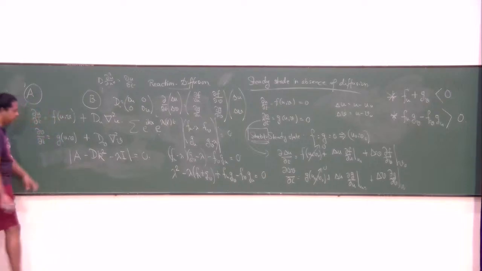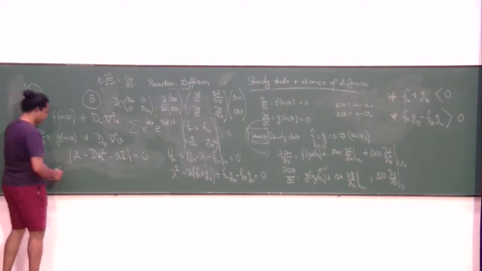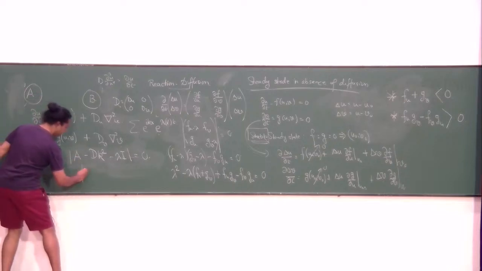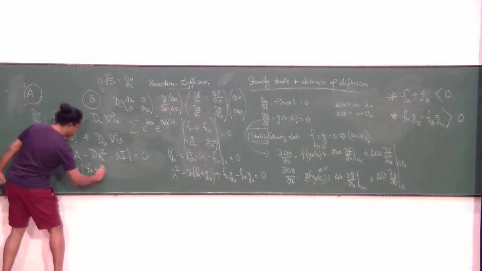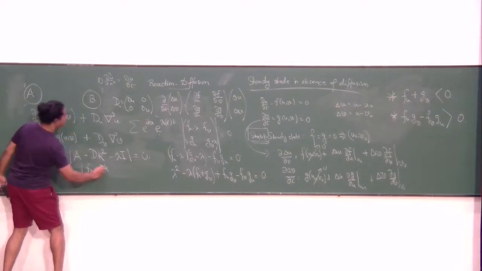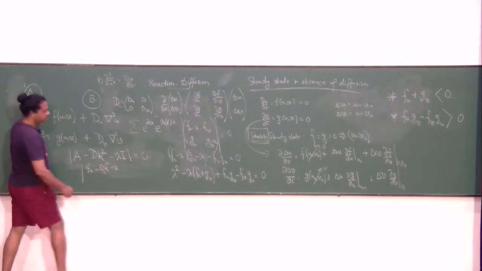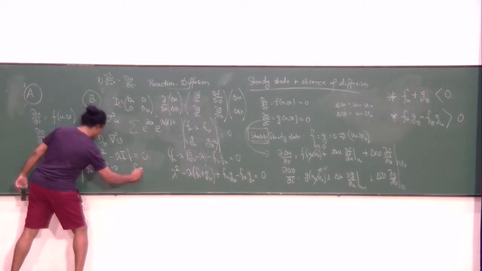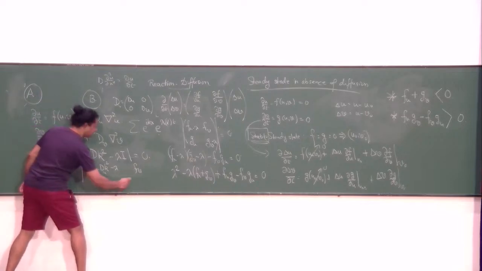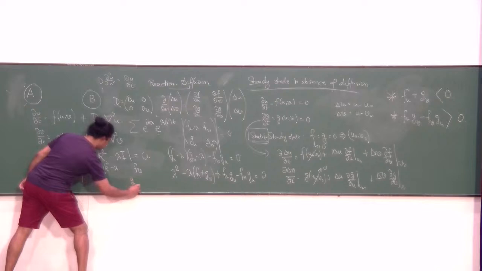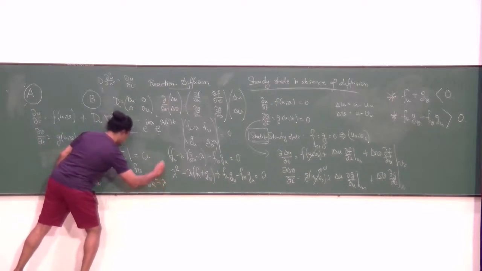All right. So now I want to find the eigenvalues of this matrix A, which is Fu minus Du k square minus lambda, then Fv, then here I have Gu, and here I have Gv minus Dv k square minus lambda, equal to 0.